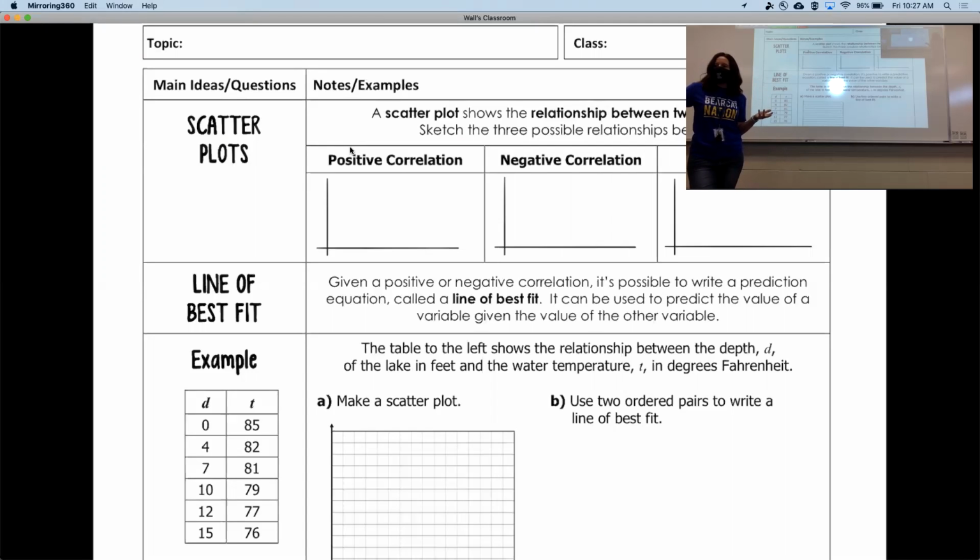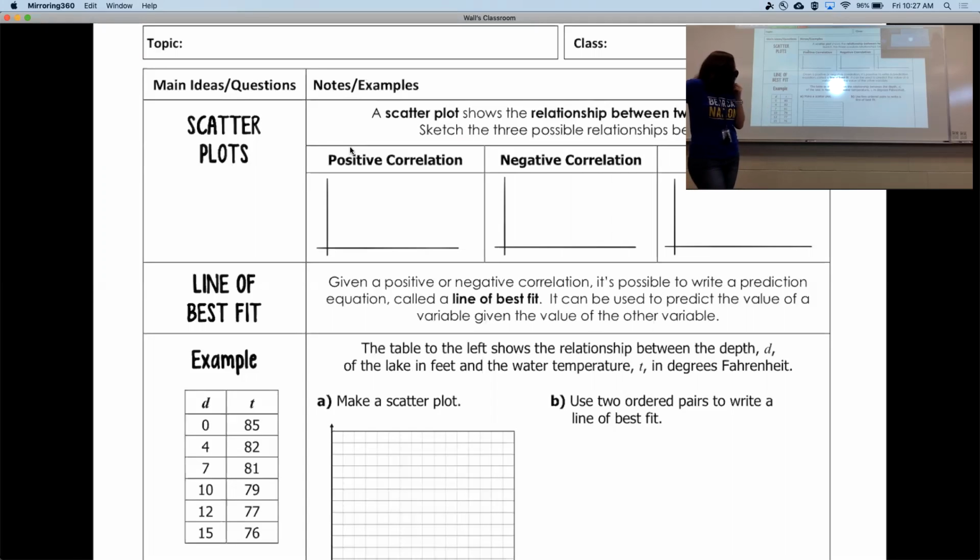When we make scatterplots, graph them and draw the best fit line, we are creating a relationship between two values that will then allow us to make inferences about other values.